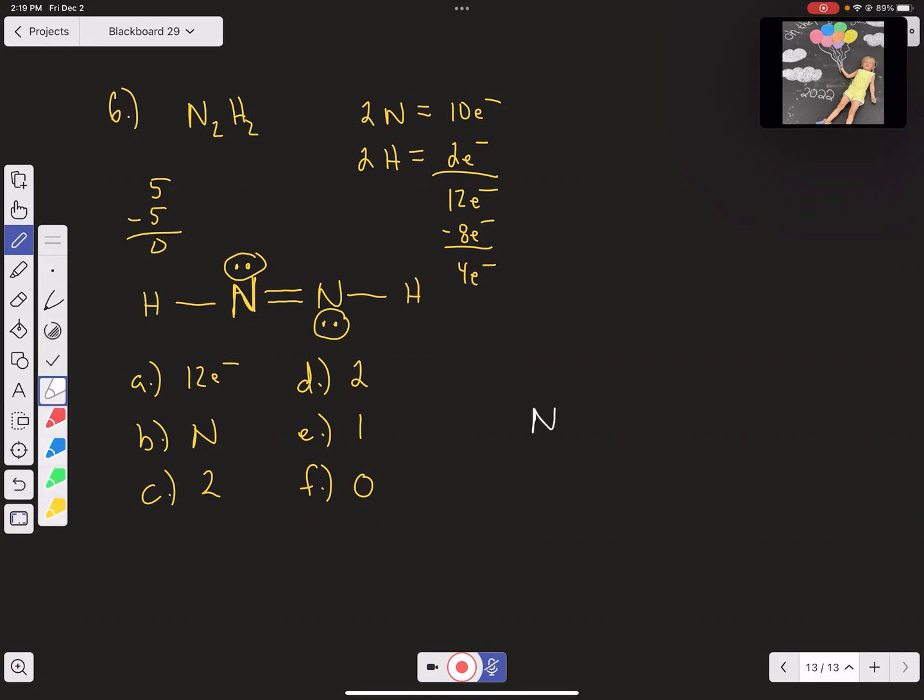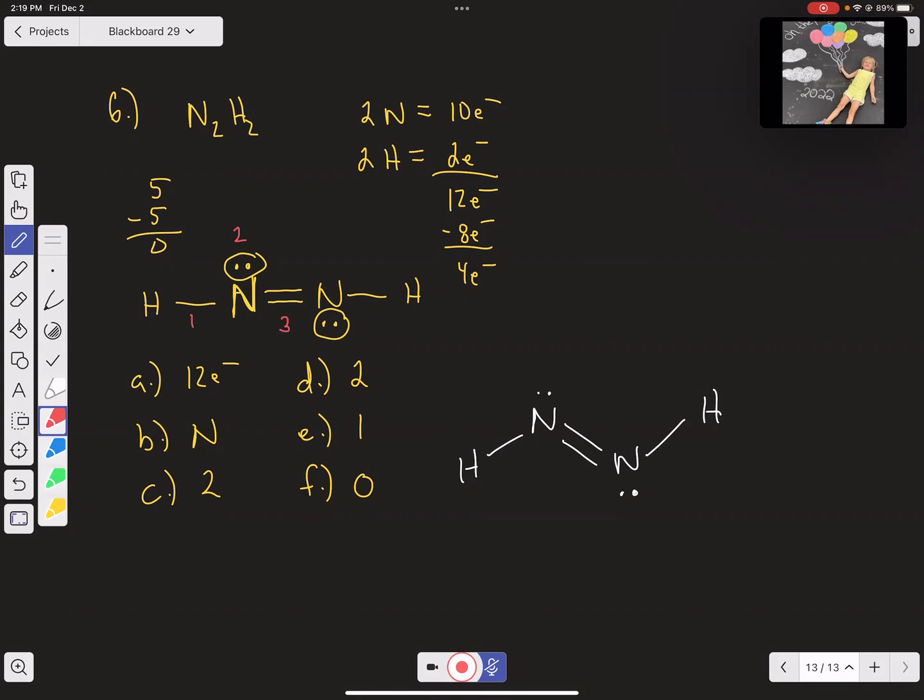So if we want to think about it in terms of our electron domains, we really should draw it like this, because this should fit into the trigonal planar electron domain geometry because we have 1, 2, 3 domains around the central nitrogen.